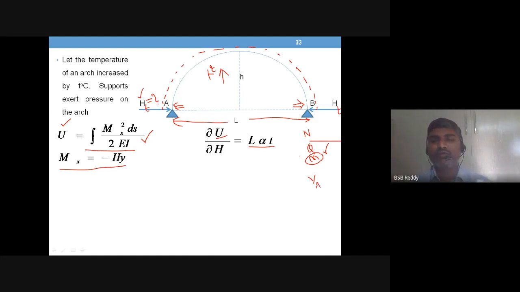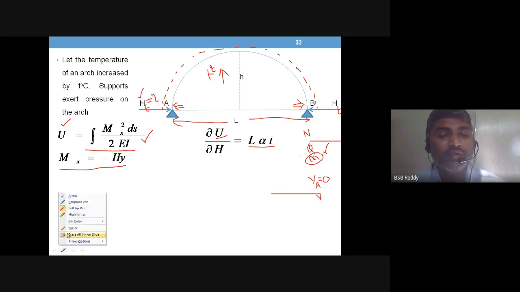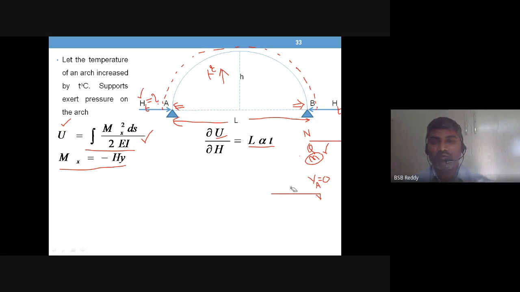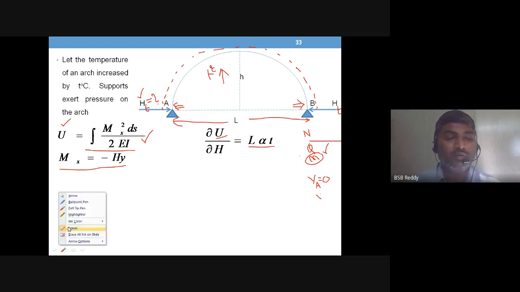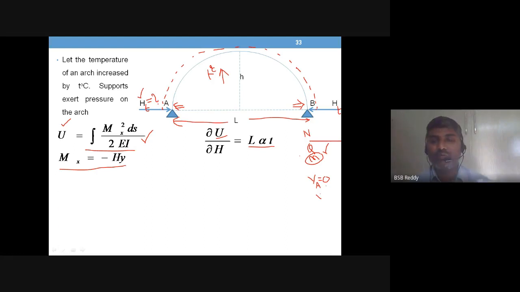VA is equal to 0, because if you apply sigma Fy, there is no vertical load at all, so we don't expect any vertical reaction. That is why VA and VB are zeros.